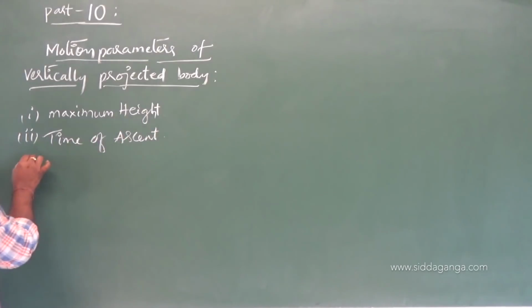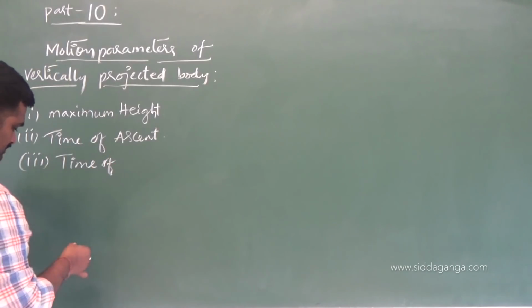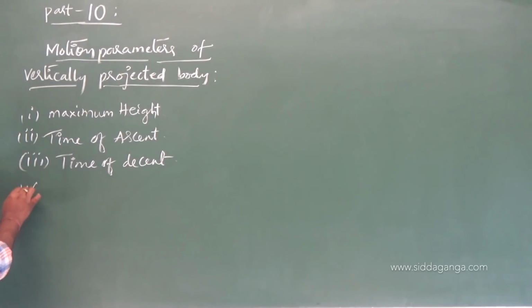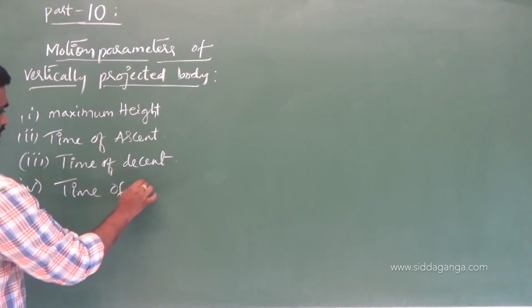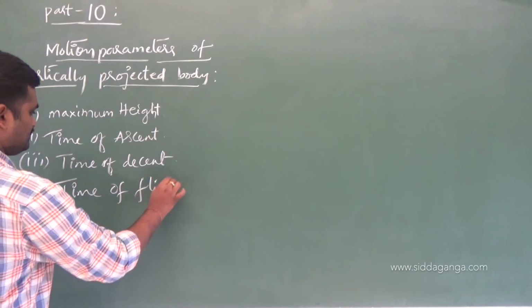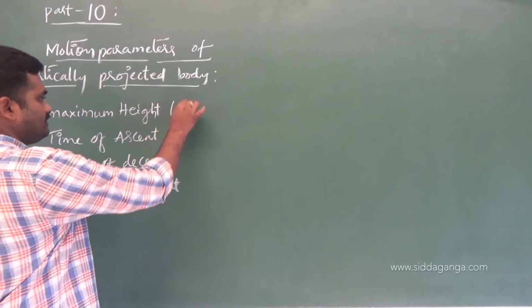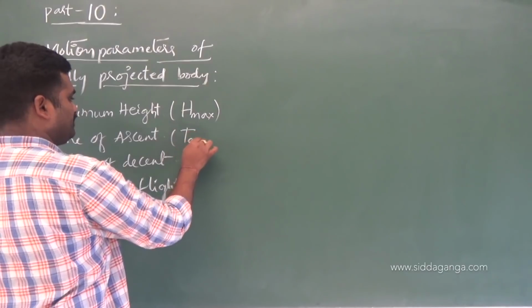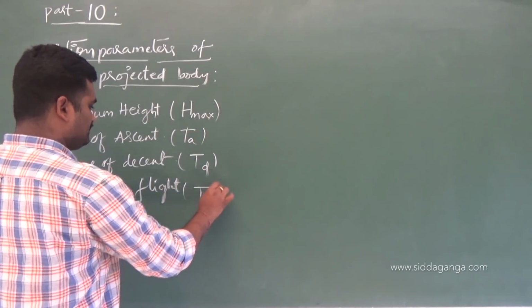Time of ascent, and then time of descent, and finally time of flight. So these four are the motion parameters. This is H maximum we need to find out. This is time of ascent, time of descent, time of flight.